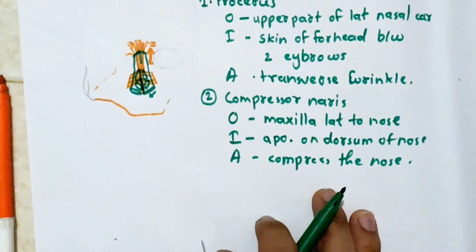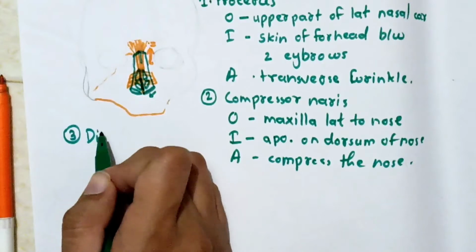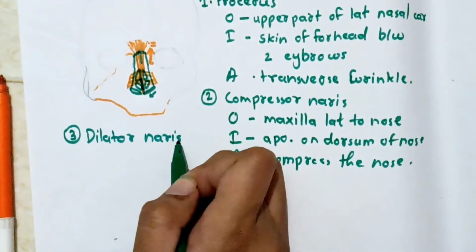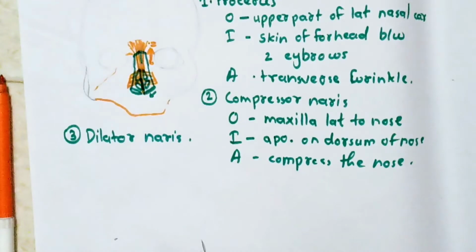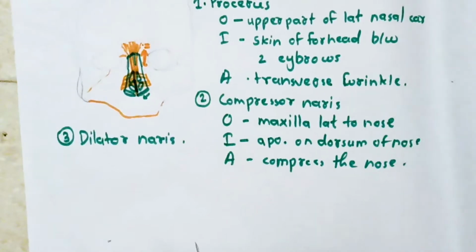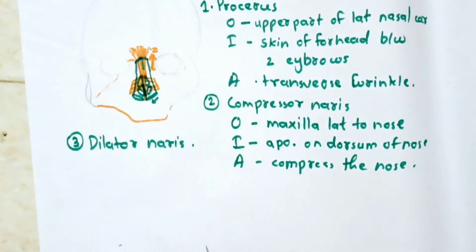Now the third muscle is dilator nares. So what about this muscle? The origin is on the maxilla over the lateral incisor.